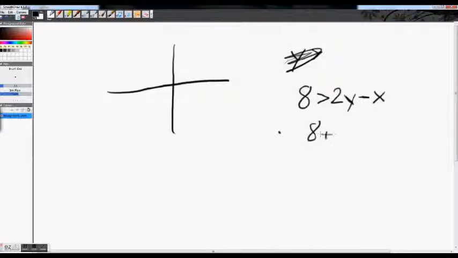Let me write this again. We'll change it. 9 is greater than 3x plus 6y.